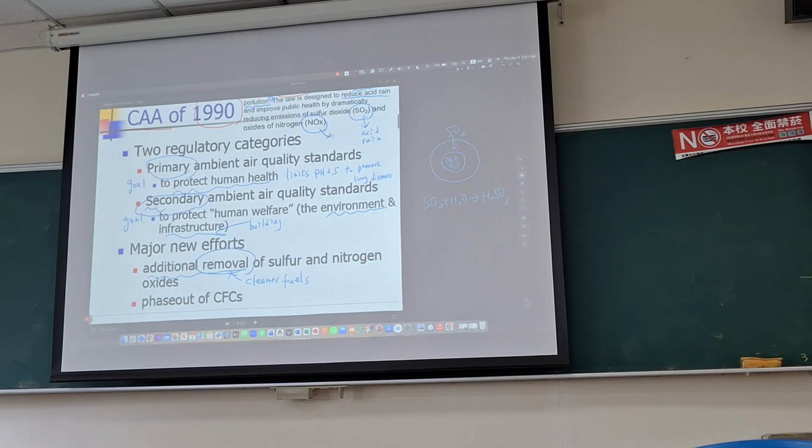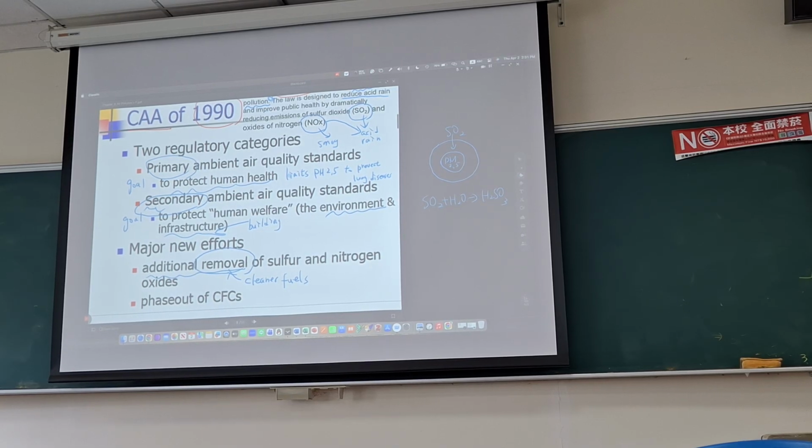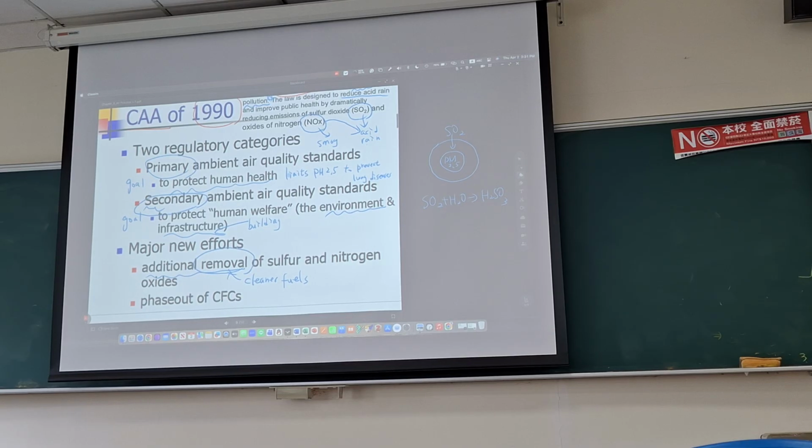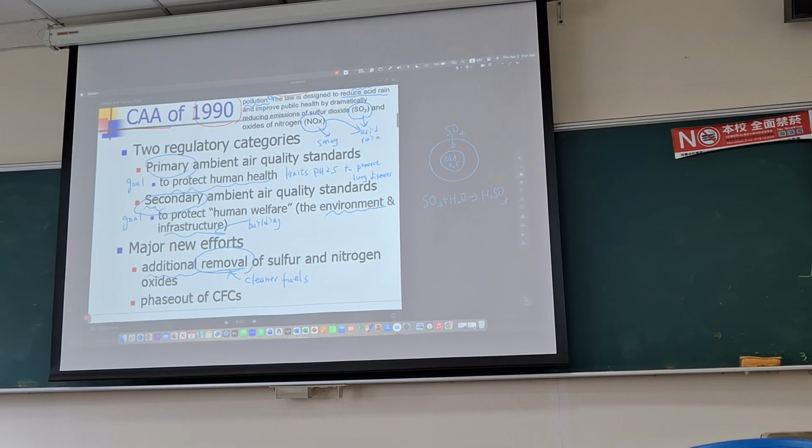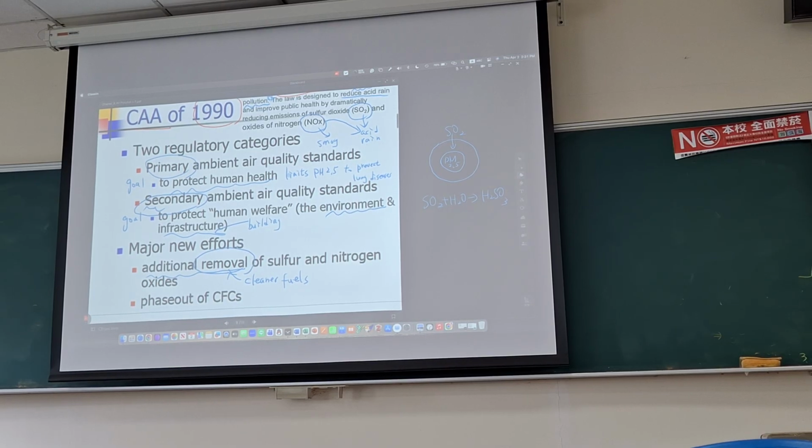And NOx will cause smog as well as acid rain. Sulfur dioxide is the general cause for acid rain. And NOx will not just cause acid rain, it will also cause something called smog.